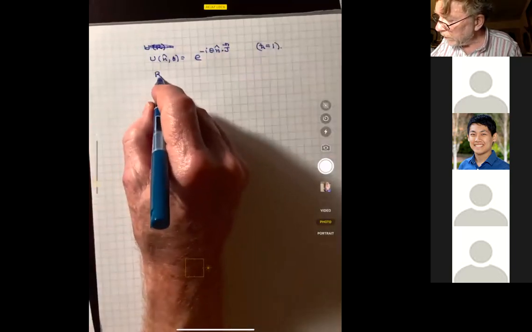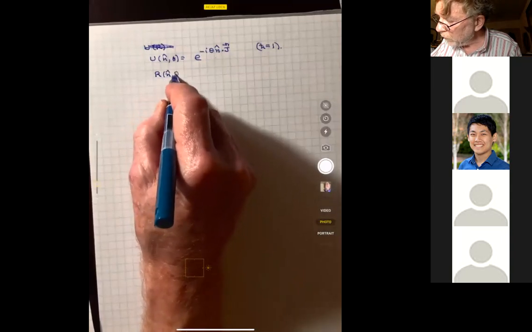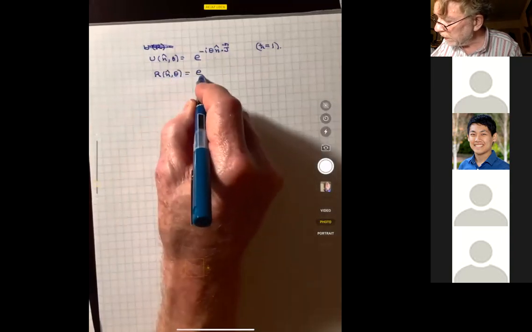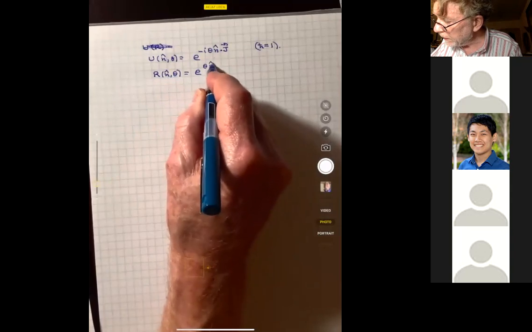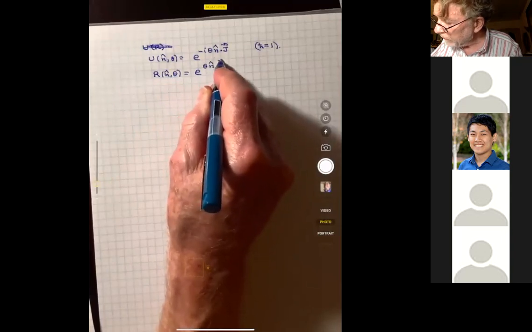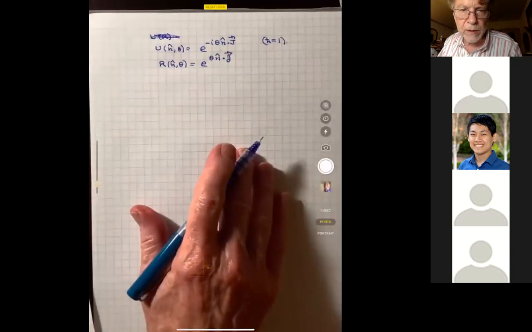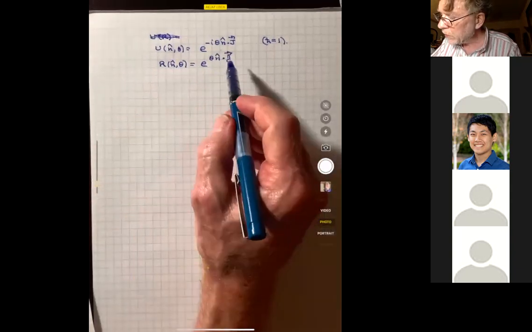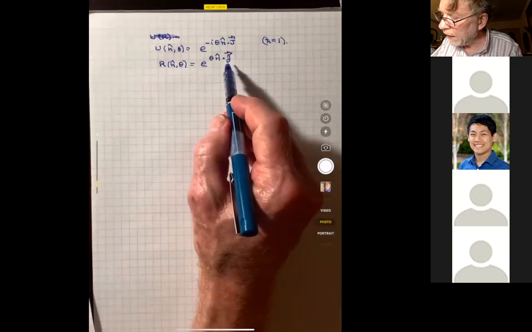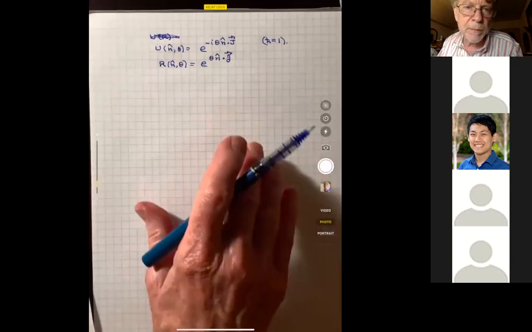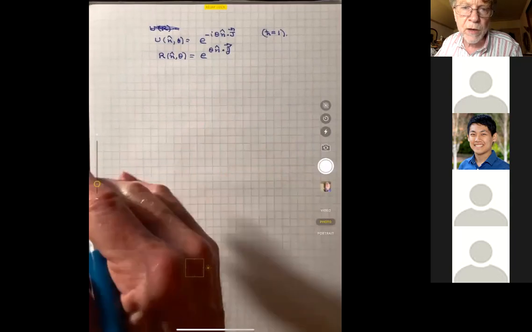So if I think of R of n hat comma theta in the same way, we know what R is. This is equal to e to the theta times n hat dotted into these script J vectors, which are a vector of 3x3 matrices we introduced when talking about classical rotations. So there's a script J. This is how I'm writing it when I do it by hand. And in the typed up notes, I've got different fonts and TeX fonts and stuff.